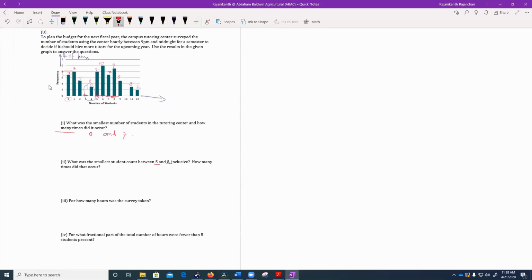Look at the height of the bar. The third bar has the lowest height, right? That means the smallest student count is now 7. How many hours were students there? 7 hours. So it happened 7 times.